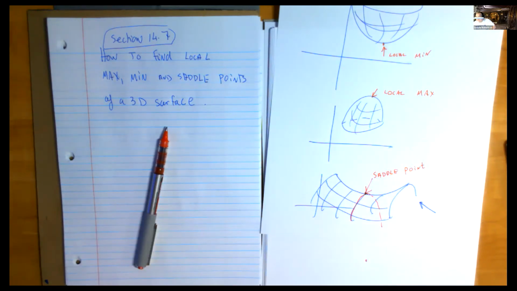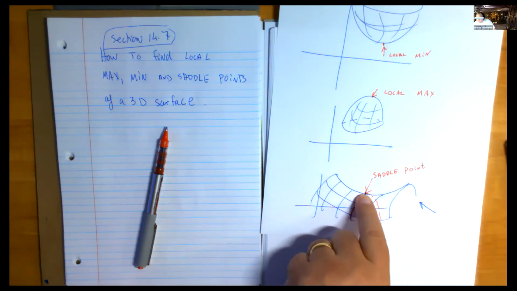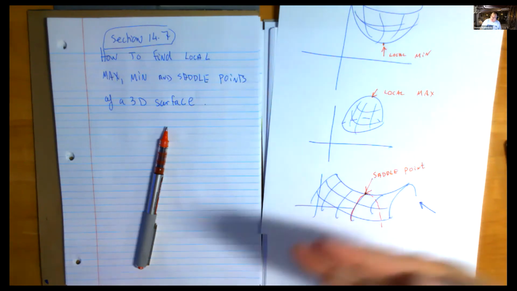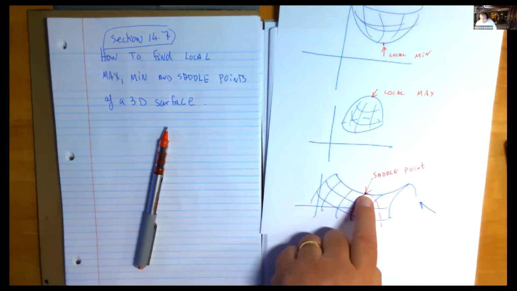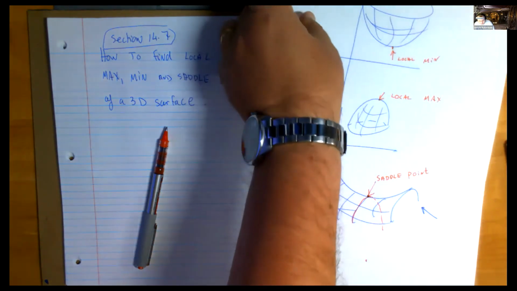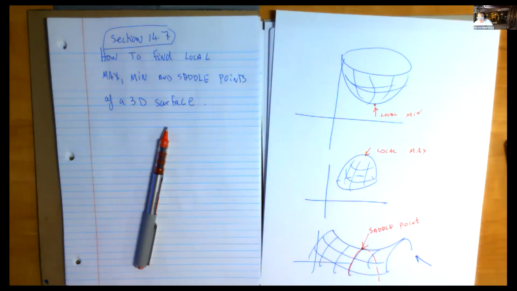So you imagine slicing the shape parallel to the x-axis, you would be seeing a whole load of hills, and that would be the top of a hill. But if you slice it with the y-axis in mind, can you see that that then would be a local minimum? So in the 3D world, there are three possibilities.